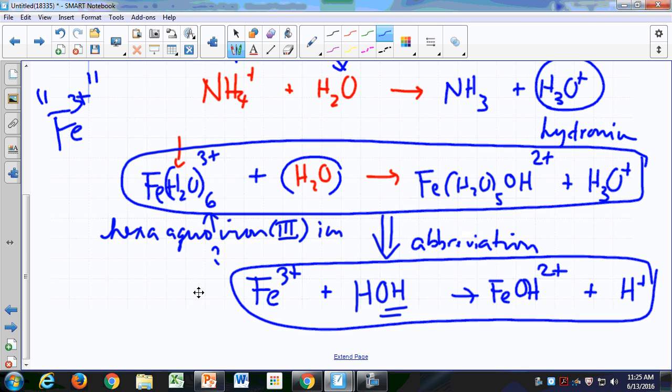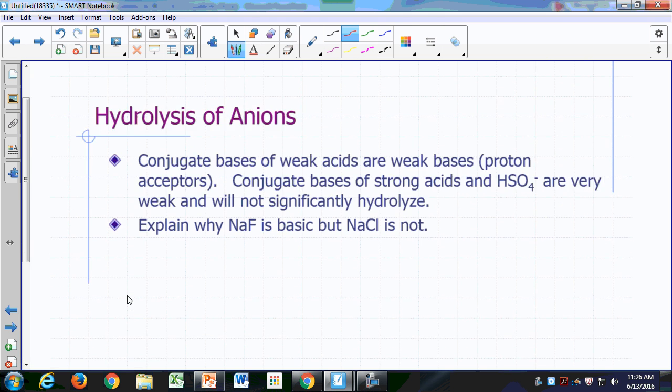Basically, a cation can pull away a hydroxide ion from a water molecule, freeing up an H+, causing the solution to be slightly acidic.